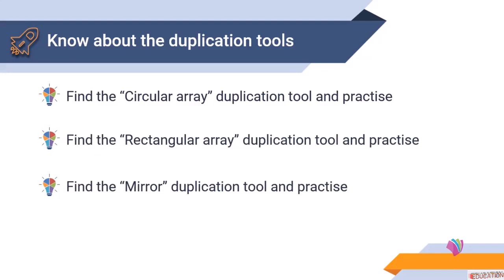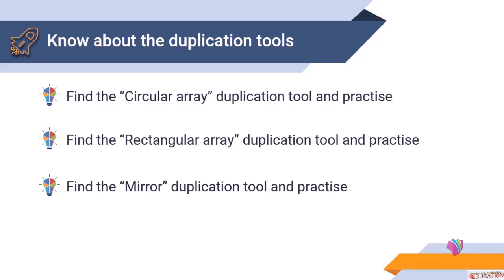So our objective in this lecture is we will find out each of these tools and we will practice using some simple objects. There are some different names also used for these tools. The circular array may be called as polar array or maybe circular pattern, and rectangular array may be called as rectangular pattern.